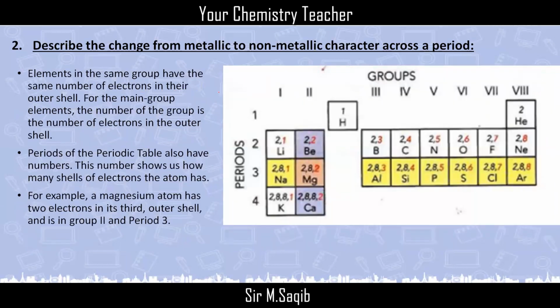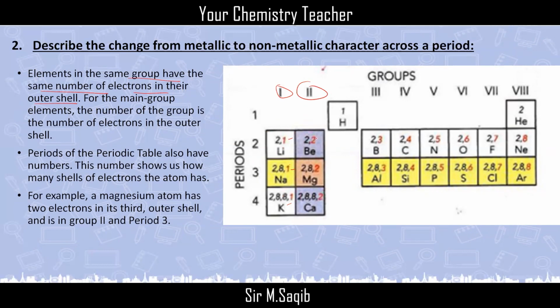Now, elements in the same group have the same number of electrons in their outer shell, as we discussed in the last class. For example, the elements in group 1A have 1 electron in the outermost shell: lithium, sodium, potassium. I have discussed this in the last topic, so if you have not watched my last video, you can go and watch it.